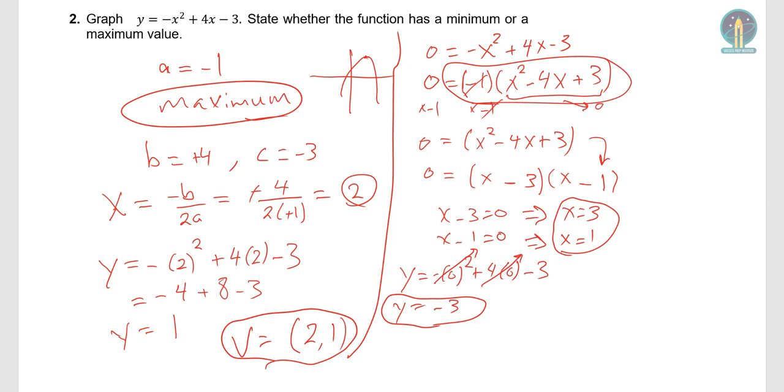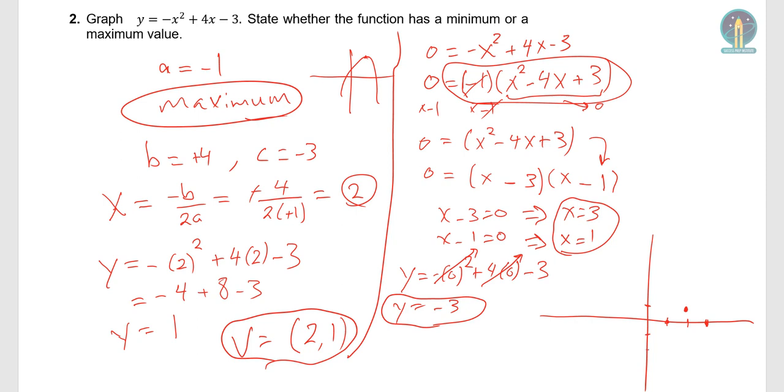So let's draw our coordinate plane, and we'll put the vertex at 1, 2, and then 1, right? This is our vertex. And then the x-intercepts are at 3 and 1. So this is 3, and this is 1. And then the y-intercept is at minus 3.